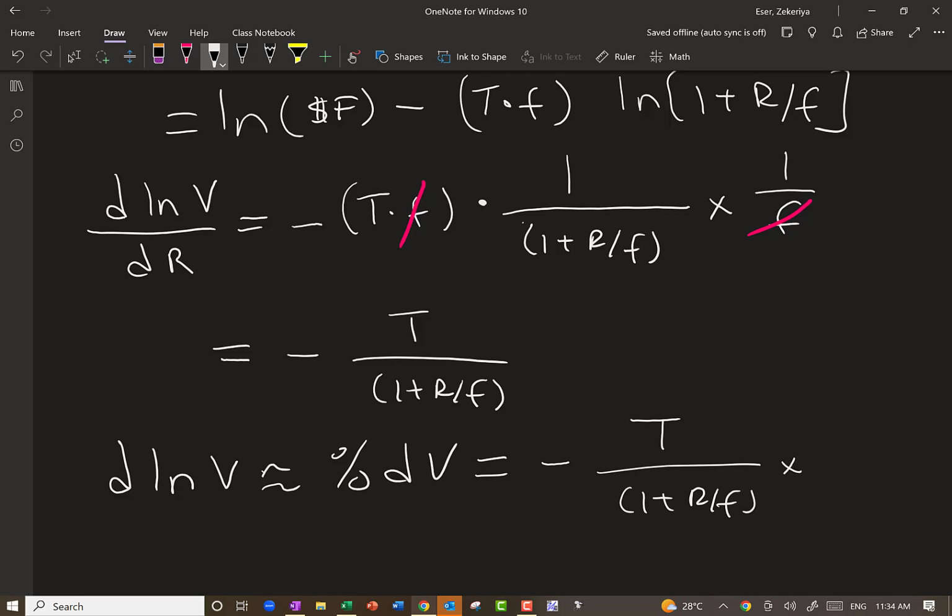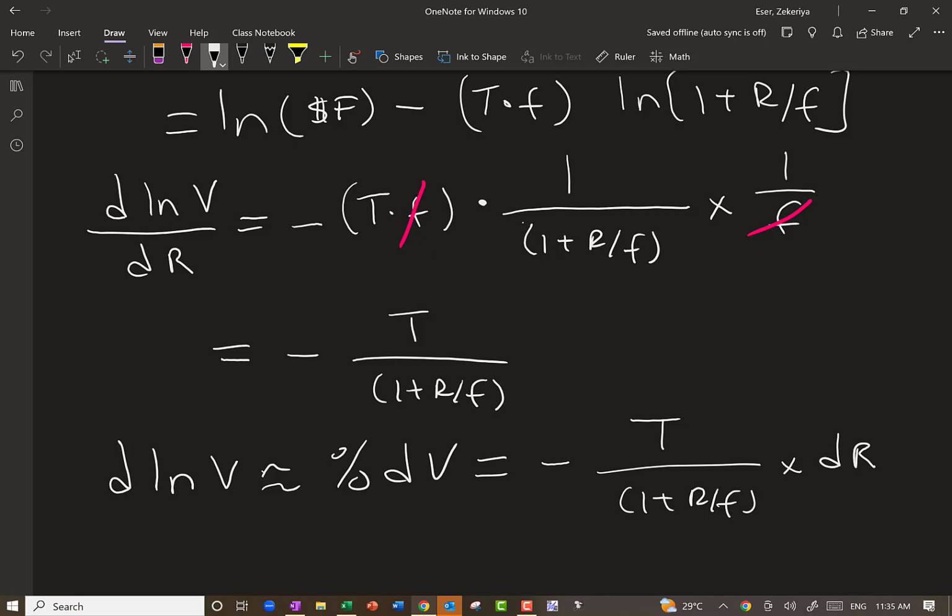Remember, this is an approximation, and it holds true only for very small changes in interest rate, also known as infinitesimal. That's the idea behind calculus. But you can also use this as a pretty good approximation for not very small changes as well.